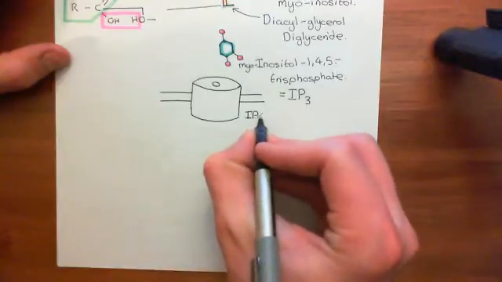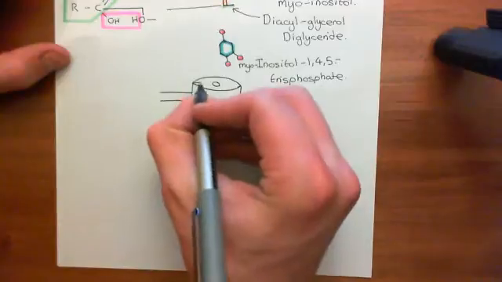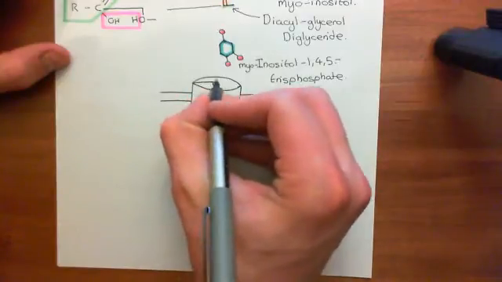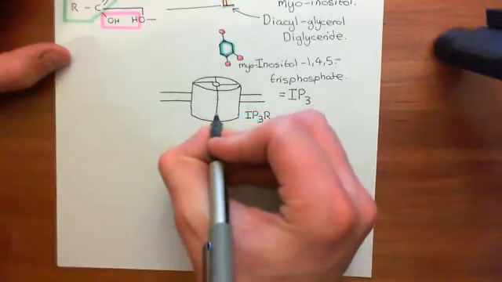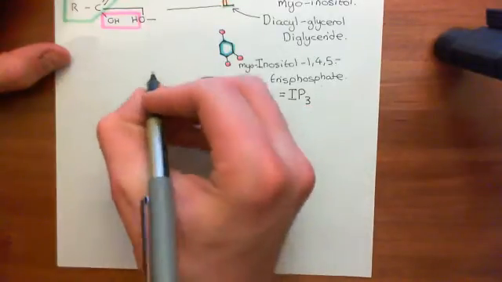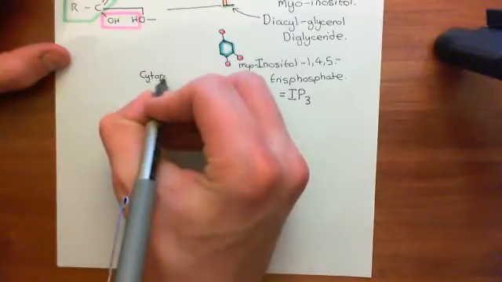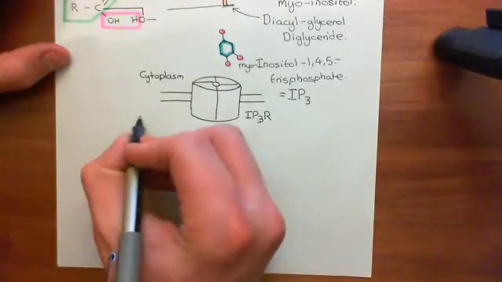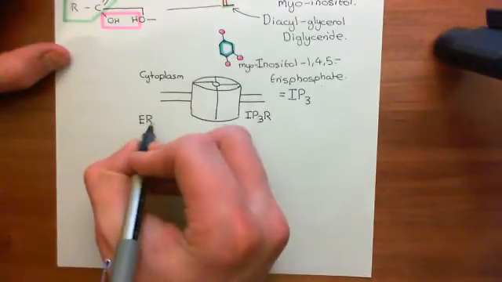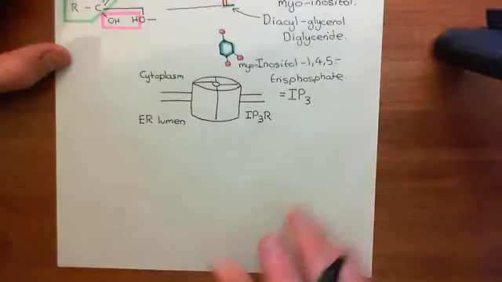Basically, these IP3 receptors are tetramers, made up of 4 separate proteins all stuck together to make the full ion channel. I want to stress that this is the cytoplasmic side of this membrane, which faces into the cytoplasm, and this here is the ER lumen side, within the intracellular organelle.